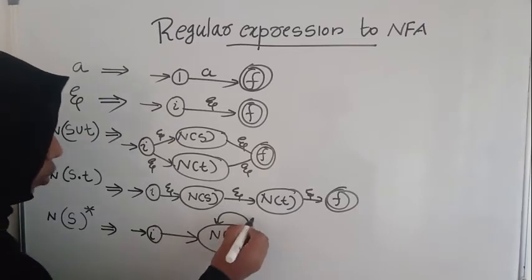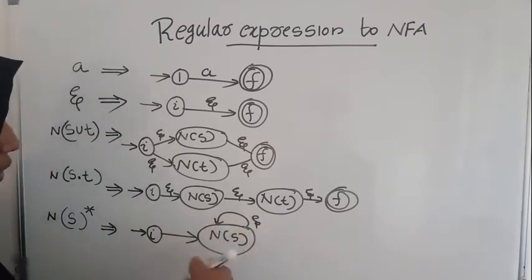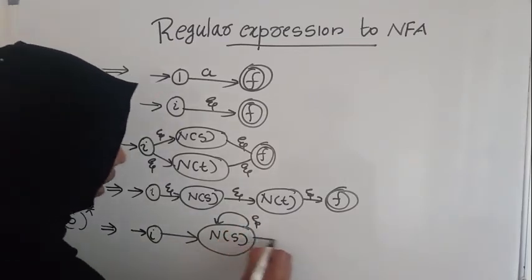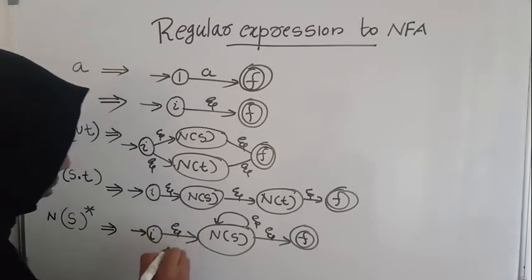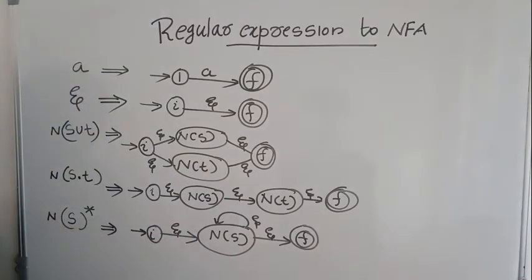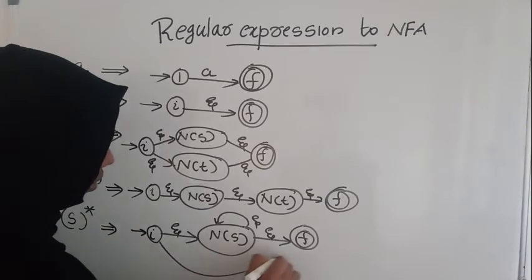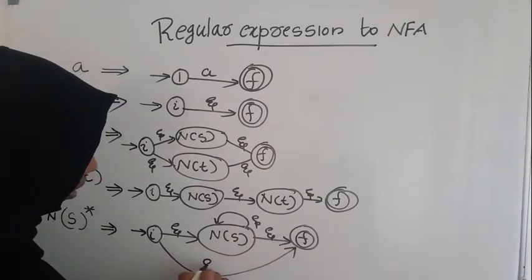So you include a loop on epsilon. Without any input, you can repeat this any number of times. Connect this to a final state using epsilons. Now star means 0 or more occurrences. That is, even if this S doesn't appear, that is fine. So you can bypass this NFA for S using an epsilon.